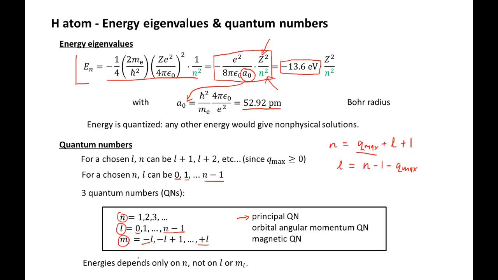Finally, note that the energies depend only on n, or n squared, and do not depend on L or m. So clearly we'll have many states with different L's and different m's, but identical n, that all have the same energy. They're degenerate.